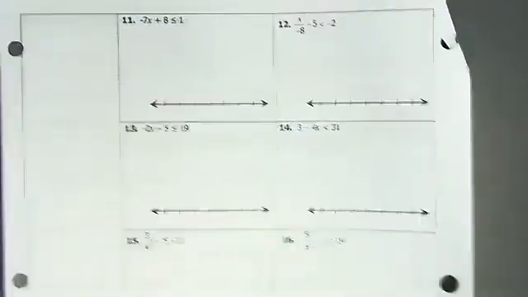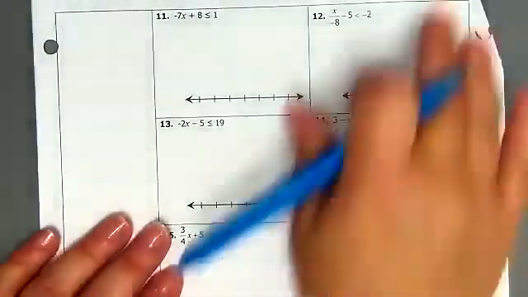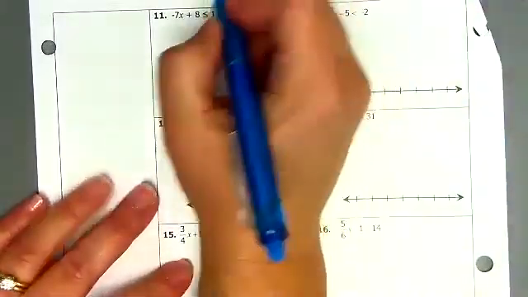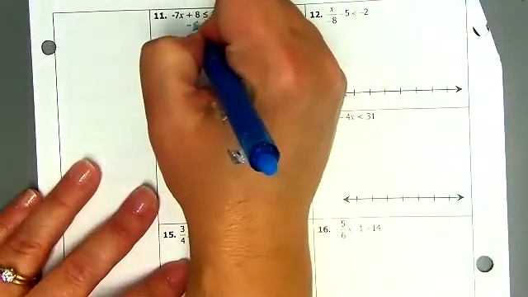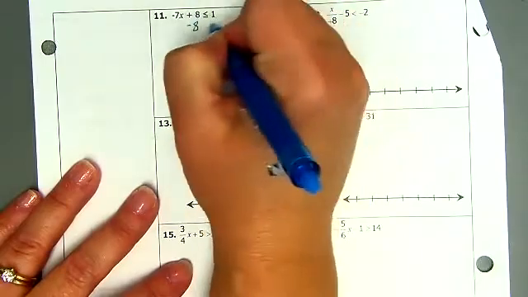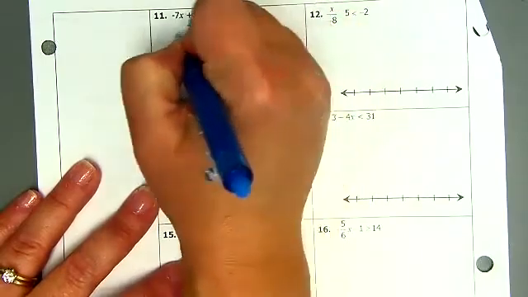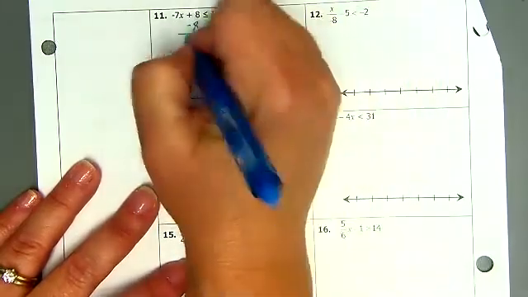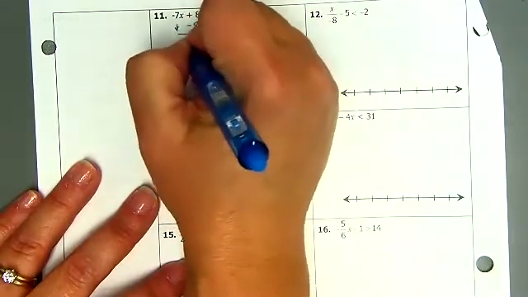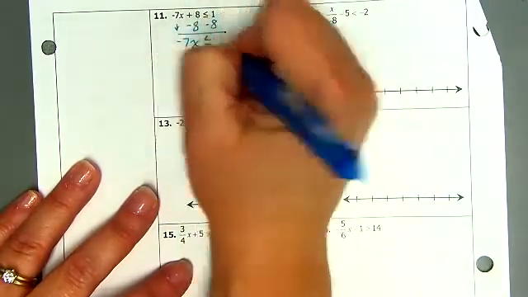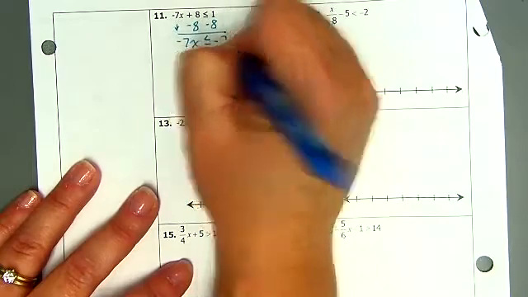Number 11. All right, so I'm just solving a two-step inequality. I'm going to subtract 8 because I'm adding 8 to the -7x. I'm just subtracting so I don't flip the inequality symbol. I bring this down and I have -7x is less than or equal to -7.